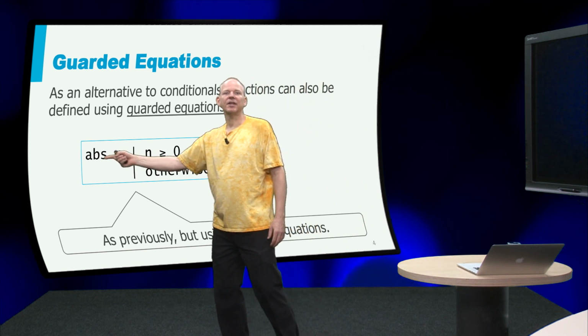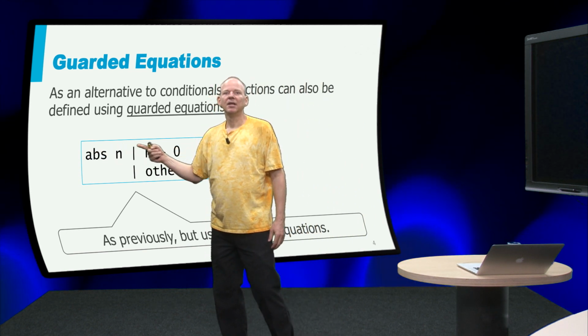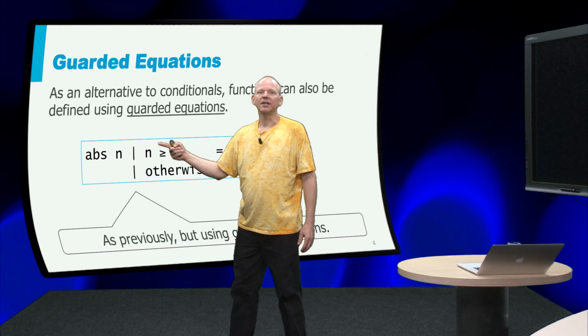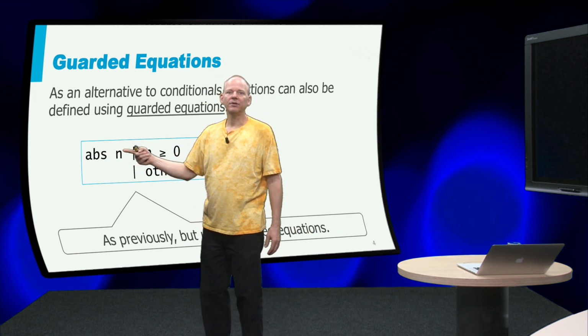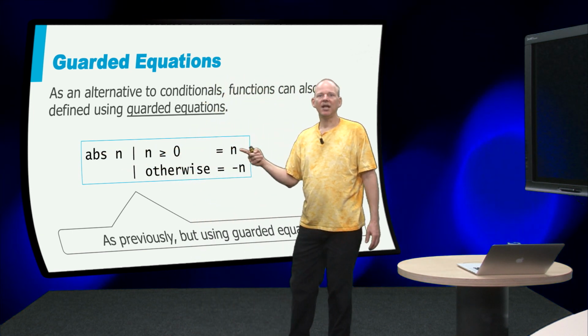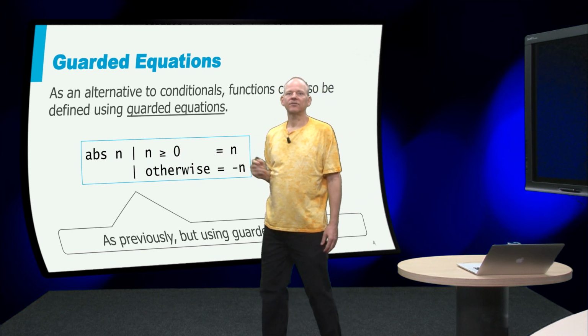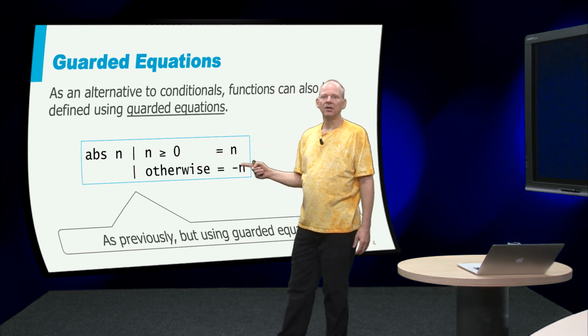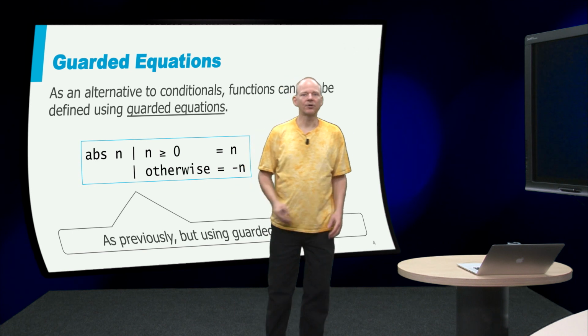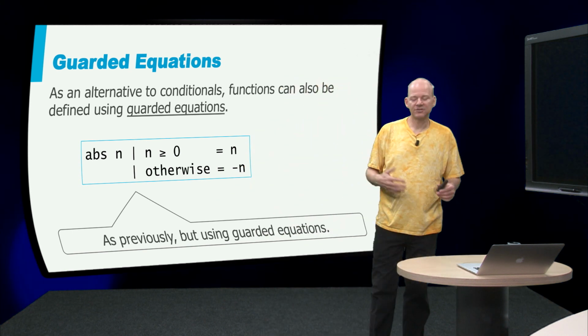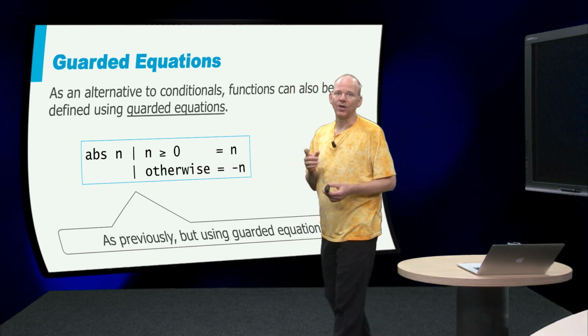So you write your function definition on your left-hand side, and then you write your conditions here. So the absolute value of n is n when n is greater than or equal to 0, or it's minus n otherwise. And otherwise is just another alias for True.